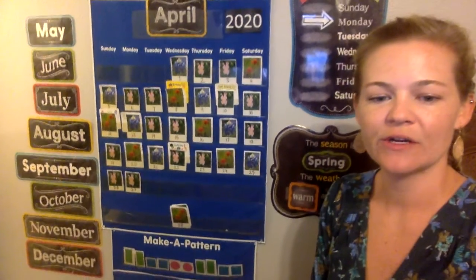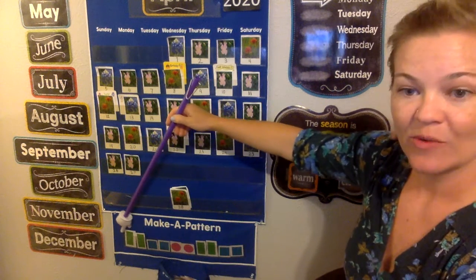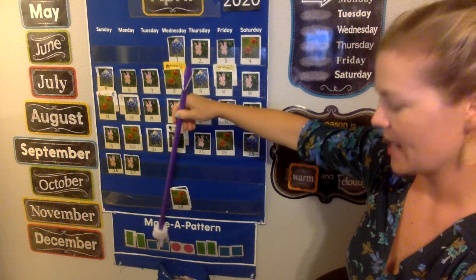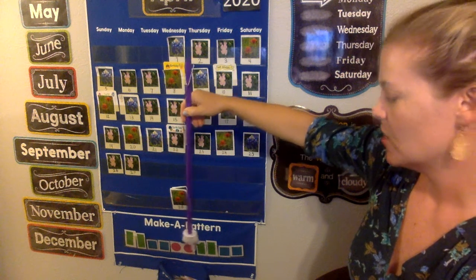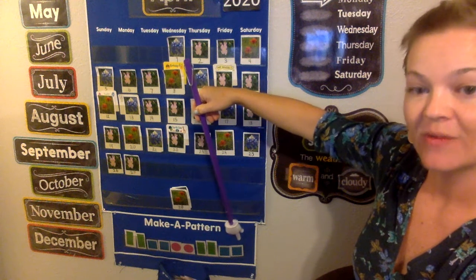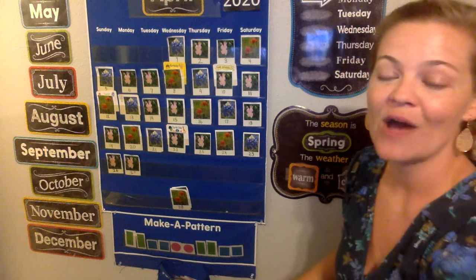Okay, I'm going to move this down a little bit so you can see the pattern. First, we're going to do the pattern by shape together. Are you ready? So say it with me. Rectangle, rectangle, square, square, circle, circle. Rectangle, rectangle, square, square. What would come next? Circle, circle. I want you to figure out what kind of letter pattern that is.